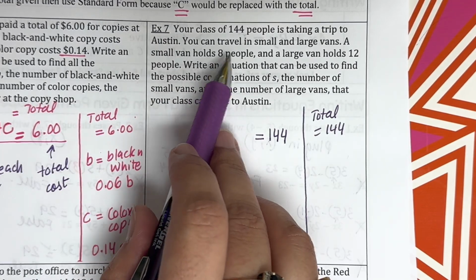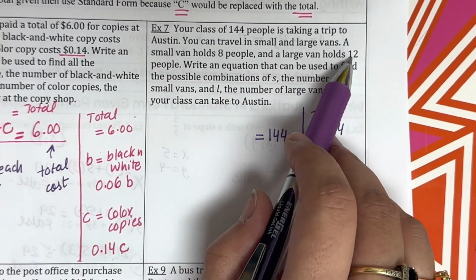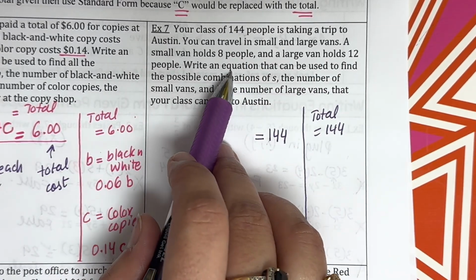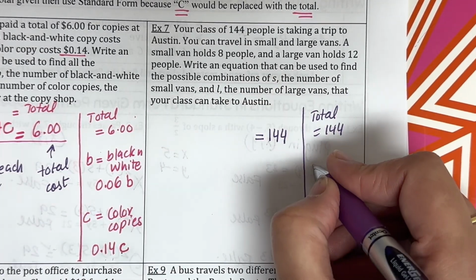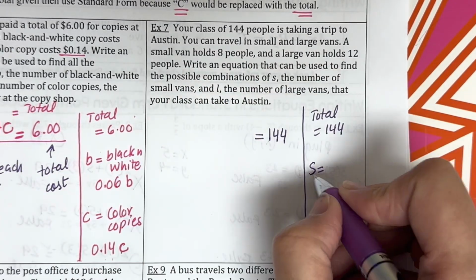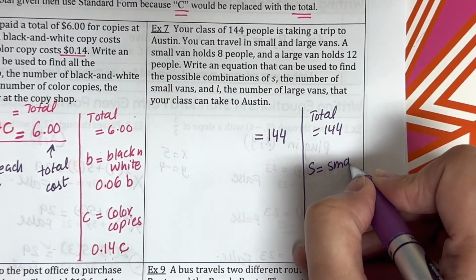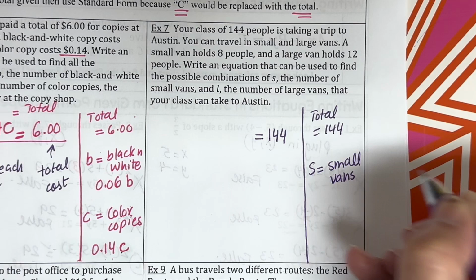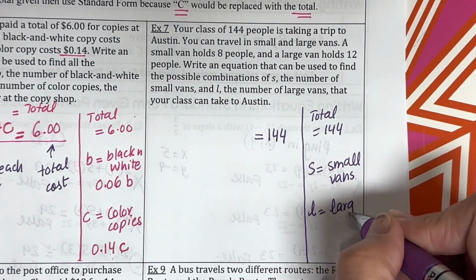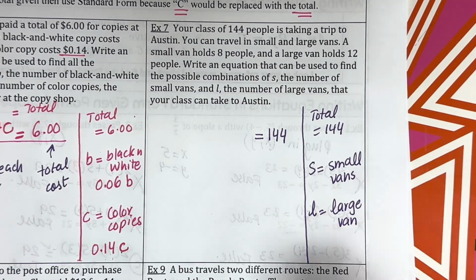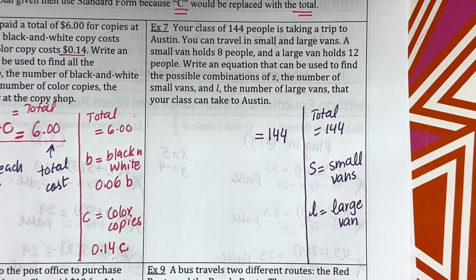A small van holds 8 people and a large van holds 12 people. Write an equation that can be used to find the possible combinations of S and L. S stands for small vans, and L stands for large vans.